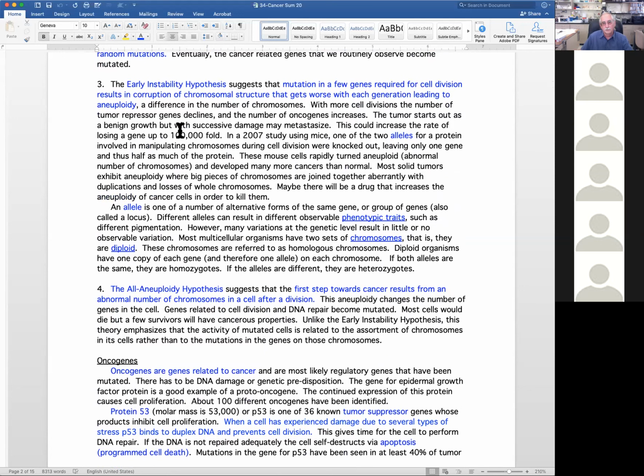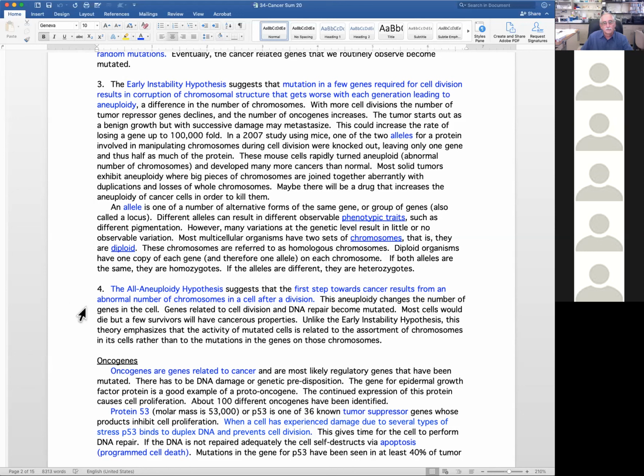And the early instability process suggests that mutation in a few genes required for cell division results in corruption of the chromosomal structure. So now when cell division happens, you have chromosomal abnormalities. Okay. So anyway, there's a little bit more to that theory, but that's the basic idea.